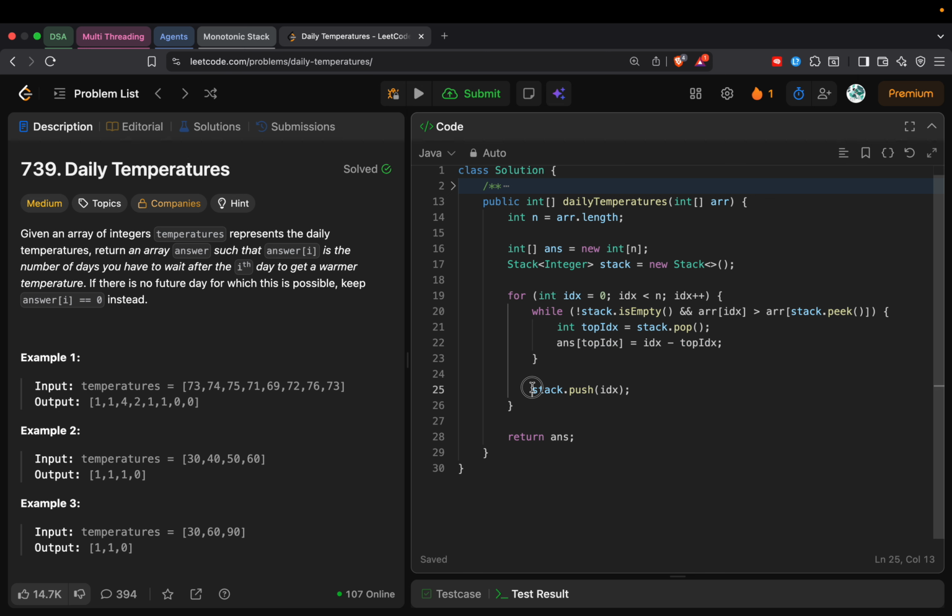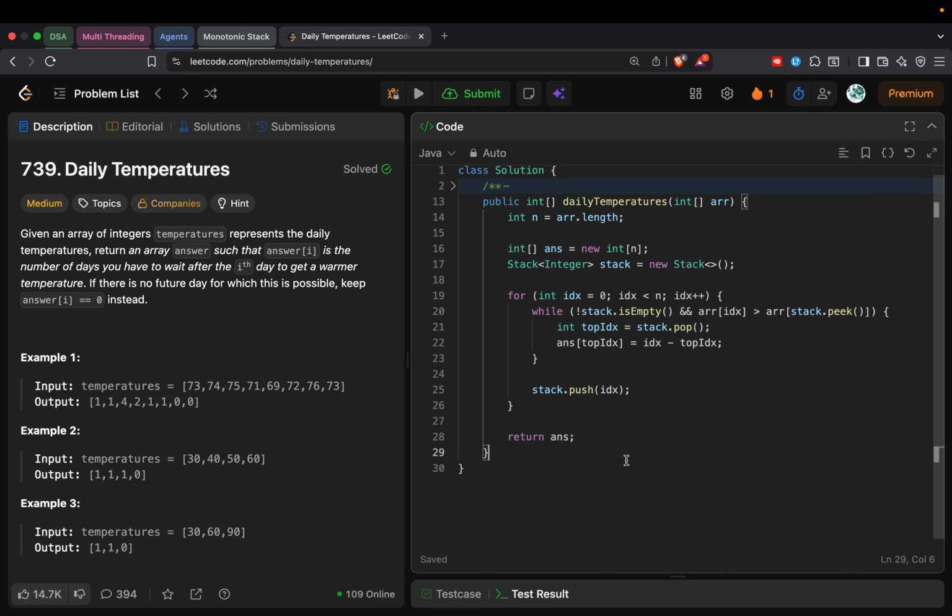And then again I have to push my current index into the stack, saying that its next greater temperature needs to be determined. So in the end my answer will contain the number of days each temperature has to wait for a warmer one, right?